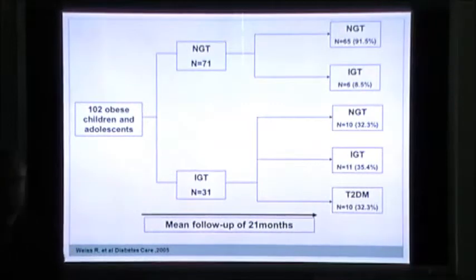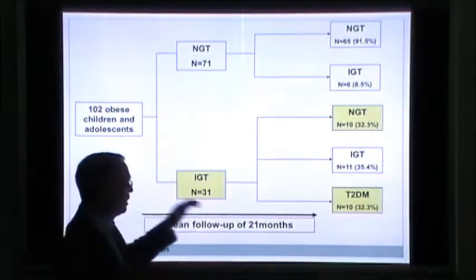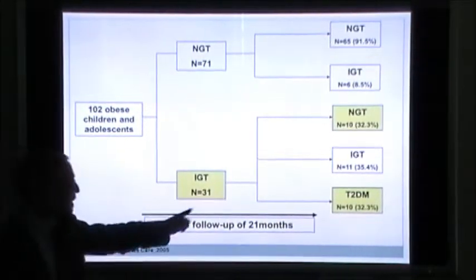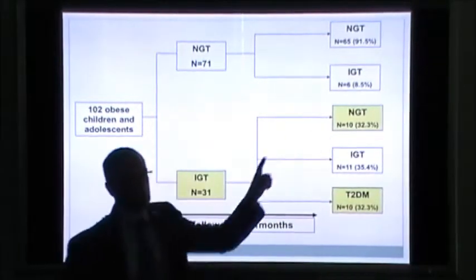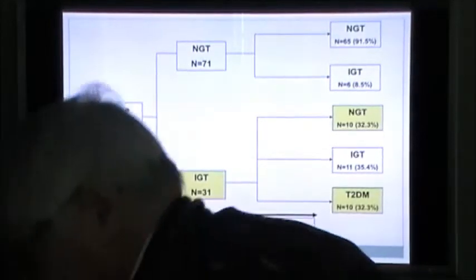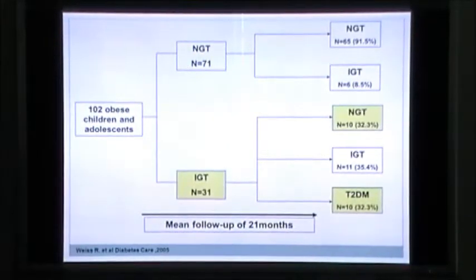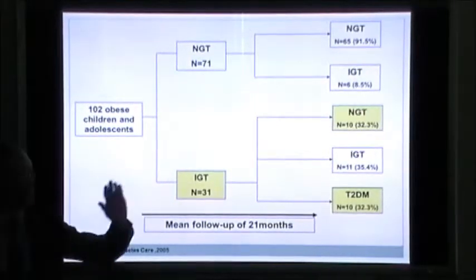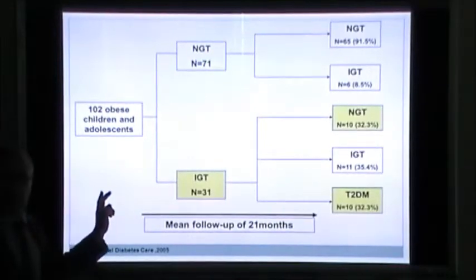And then she followed them for about 2 years. And what's interesting is she found that about 30% progressed to type 2 diabetes, but more importantly, 30% regressed to normal glucose tolerance without any intervention. And this is almost unheard of in adults.